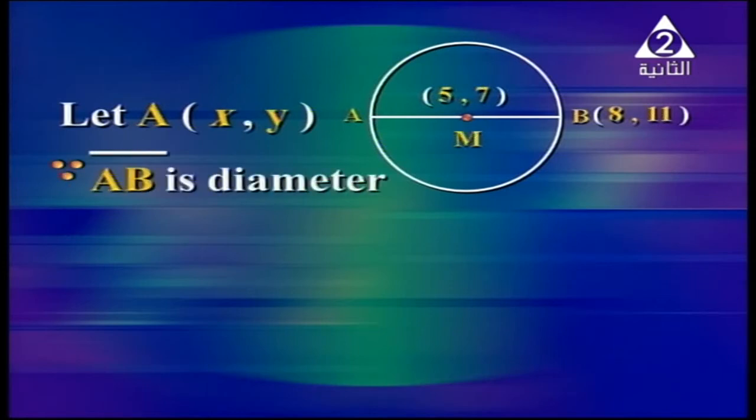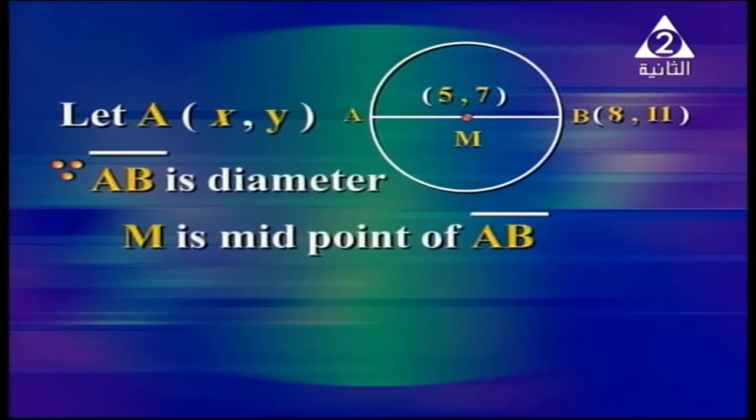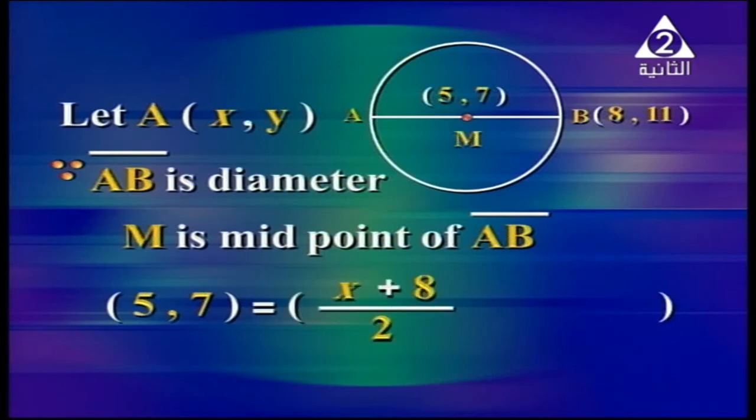Now you are going to notice that if the point A is (X, Y) and AB is a diameter, so we can say that M is the midpoint of AB. Then (5, 7) equals the midpoint of A and B, so it is equal to (X plus 8 over 2, Y plus 11 over 2).